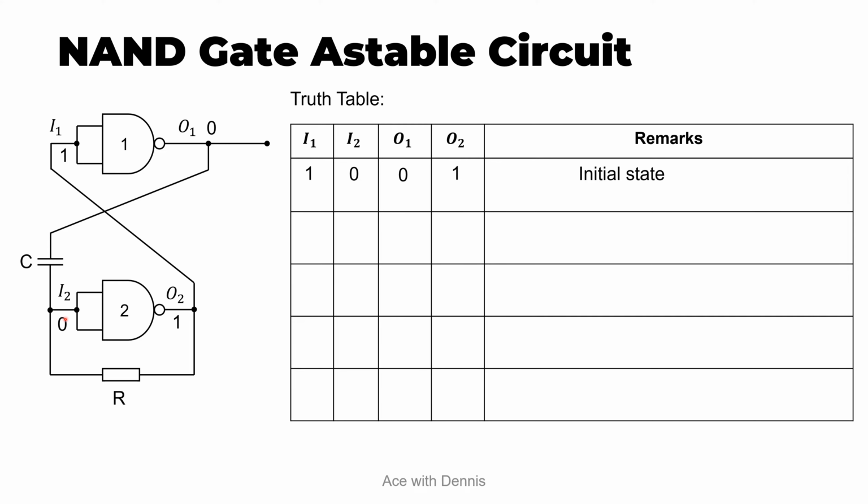If this is 1, this must be 0. The current will flow from this point through the resistor and charge the capacitor, because as you can see here, the potential at O2 is higher than at I2, so the current will flow through here and charge the capacitor. So capacitor C is charged through the R.